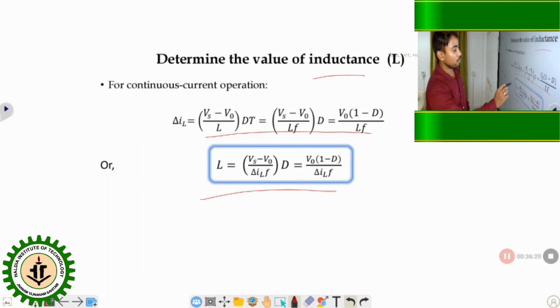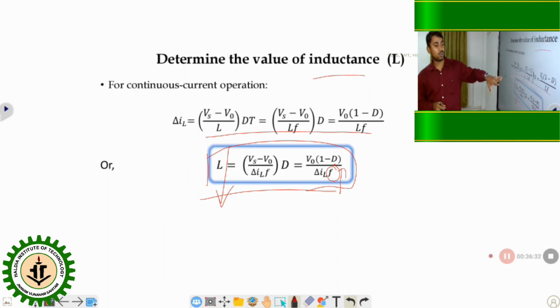Because the inductor value will be reduced, so the inductor size will also be reduced and it will be compact. That's why we try to operate these circuits at a very high frequency, in the kilohertz range, kilohertz to megahertz. That's why we use electronic switches like the MOSFET and IGBT. Clear?